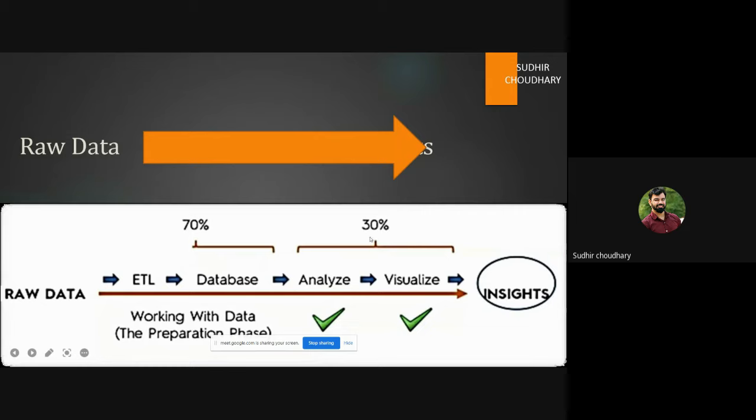Only 30% of the total time is used in the analysis and visualization process, which is the most important part for the insight. If you reduce this 30% to 20 or 25%, you will not get enough insights, right? So this 30% is what we are focusing on in Tableau, not that 70%. Clear?